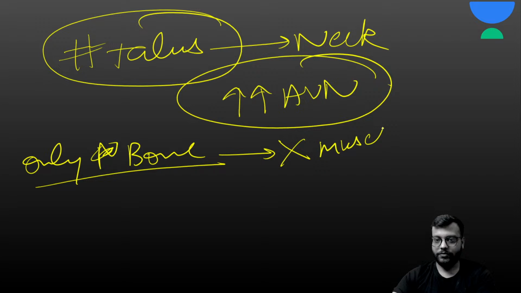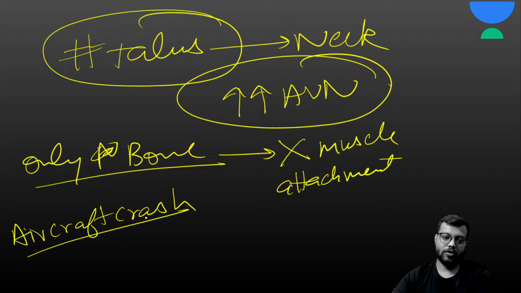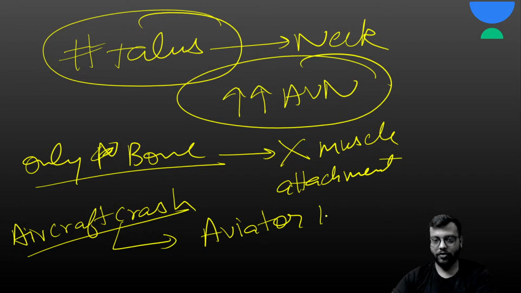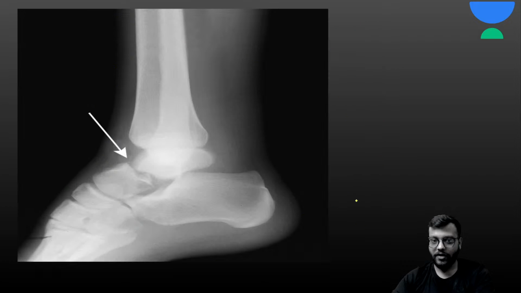It is most commonly seen during aircraft crashes, so it is also called the aviator fracture. Very important. Here you can see this is your aviator fracture, that is fracture of the talus.